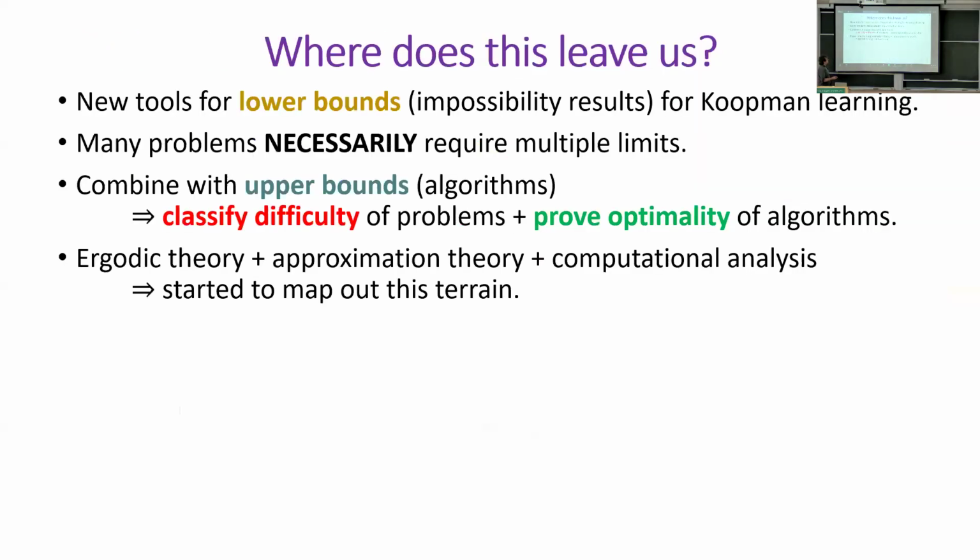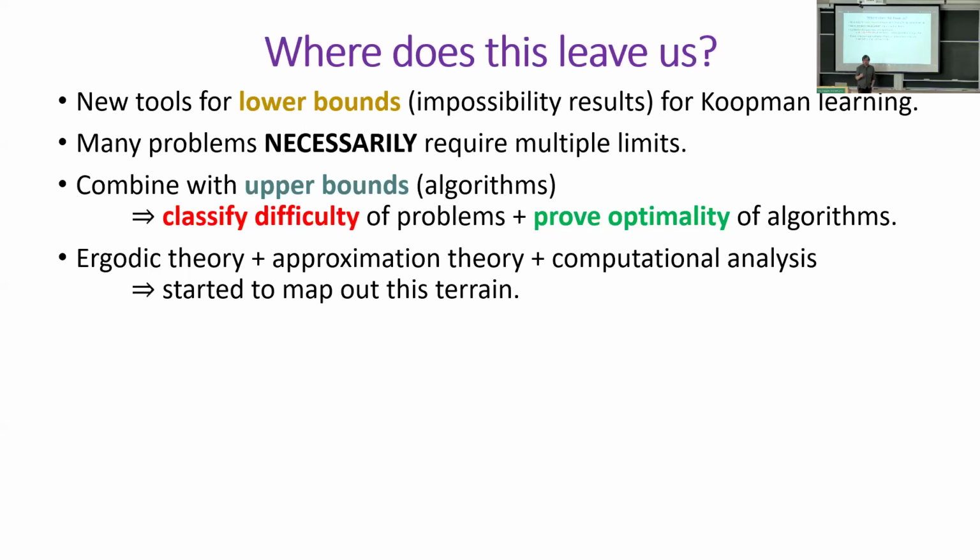Right, so to wrap up, where does this leave us? So we now have tools for lower bounds or impossibility results for Koopman learning. So I gave you one example of the flavor of proof. Many problems necessarily require multiple limits. Okay? You combine lower bounds with upper bounds, which are where you construct algorithms, and what this allows you to do is classify the difficulty of problems and prove optimality of your algorithms.